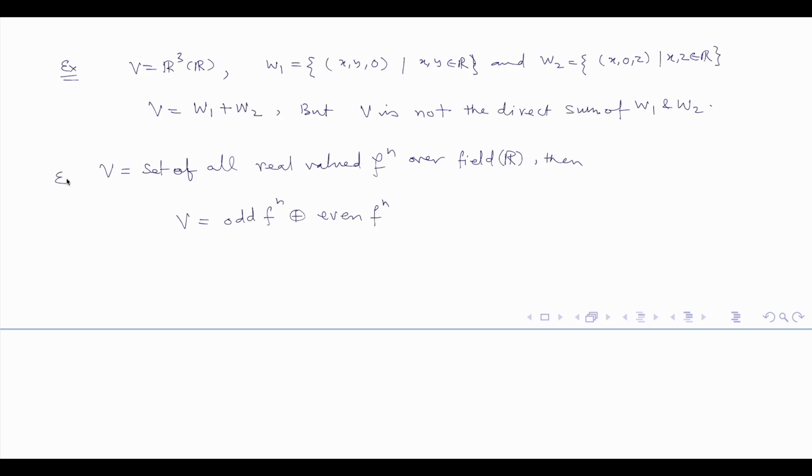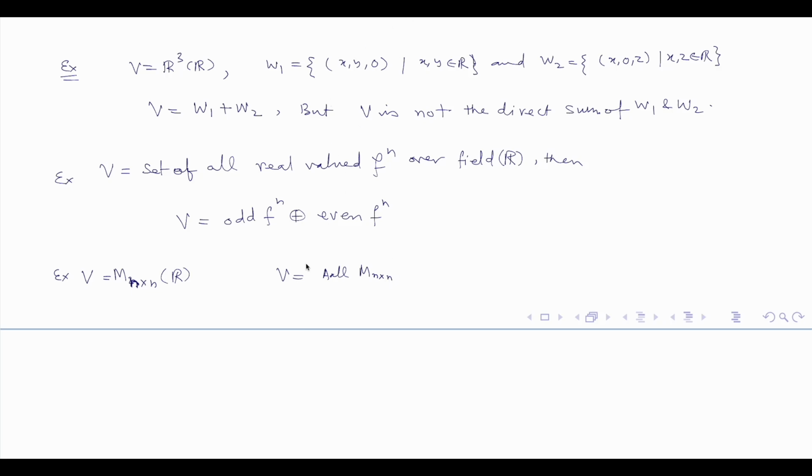Similarly, another example: any vector space of all matrices, n cross n, over real entries. What happens is that this V can be written as the direct sum of all symmetric matrices and skew symmetric matrices.